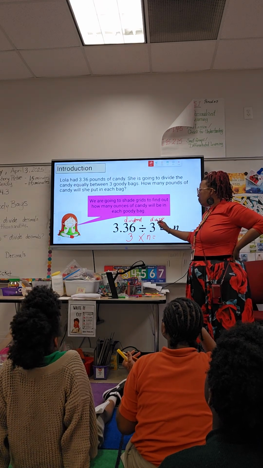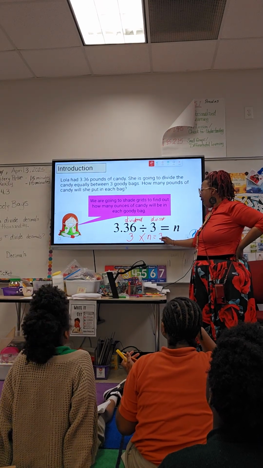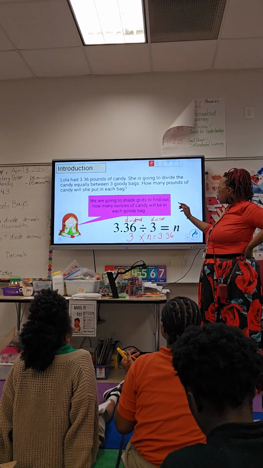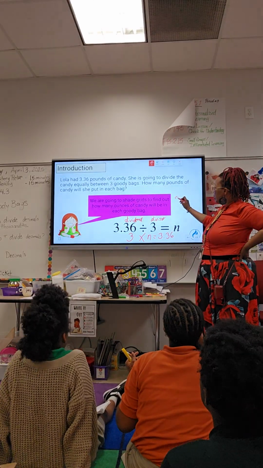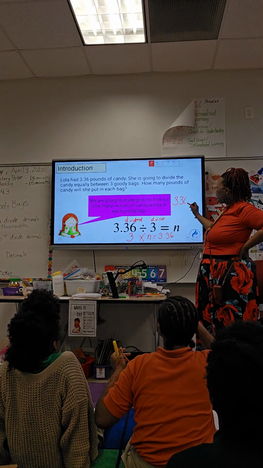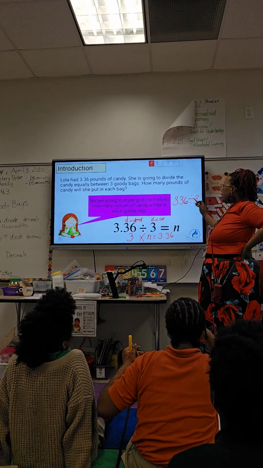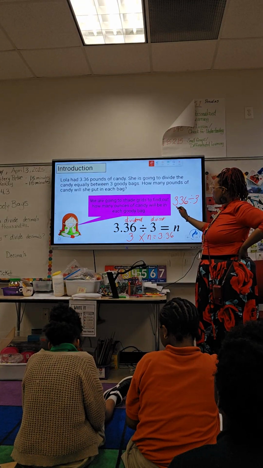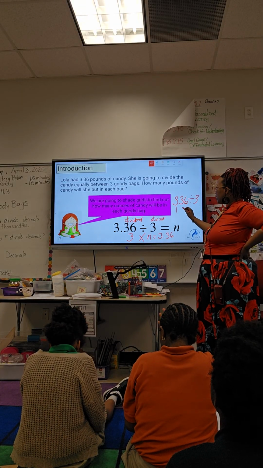If I multiply my divisor times something, I can get 3 and 3/600. I also know that I can take 3 and 3/600 and say 336 divided by 3, and I can think of my answer in terms of 3 divided by 3 is 1.